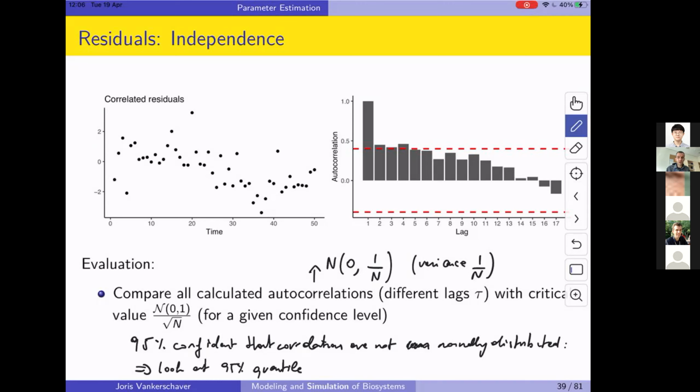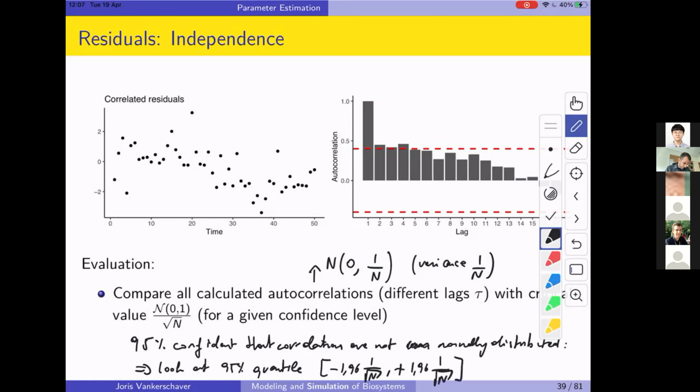Remember, the variance is 1 over n. So the 95% quantile runs from minus 1.96 times 1 over square root of n up to plus 1.96 times 1 over square root of n. That 1.96 is the 95% quantile of the standard normal distribution, but here my variance is 1 over n, so I have to scale everything by 1 over square root of n.